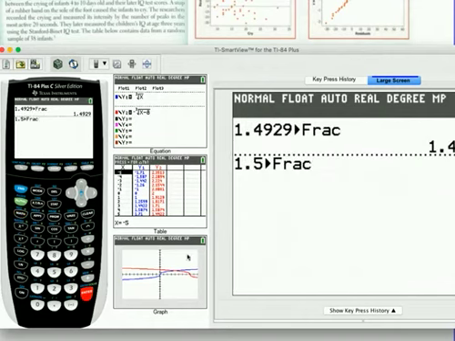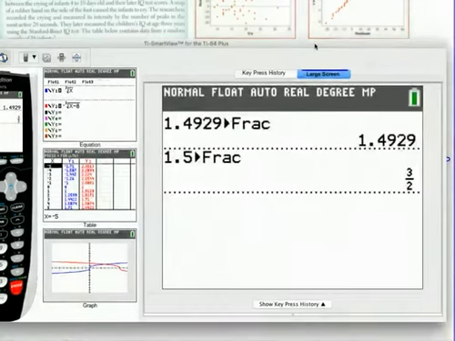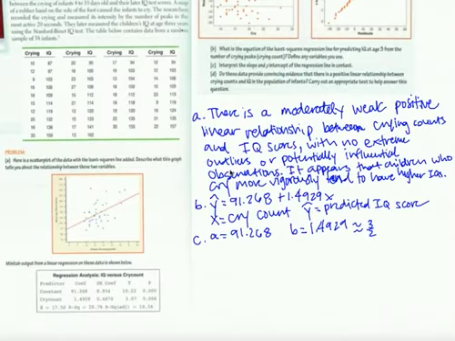If we turn that into a fraction, we would get 3/2.